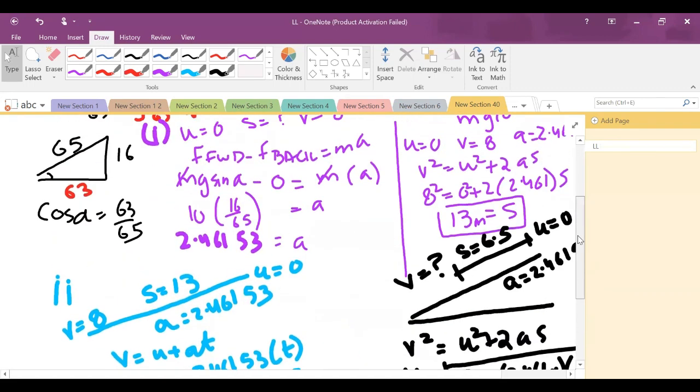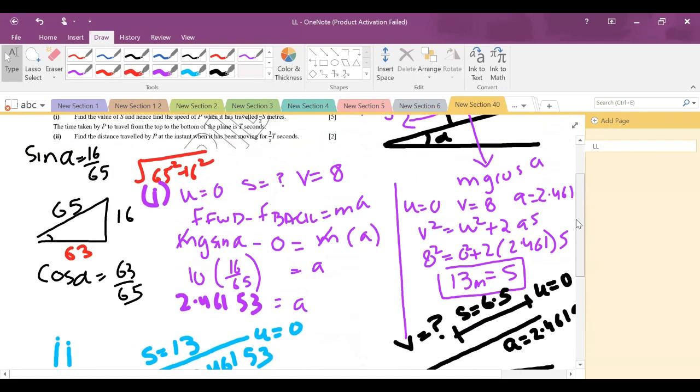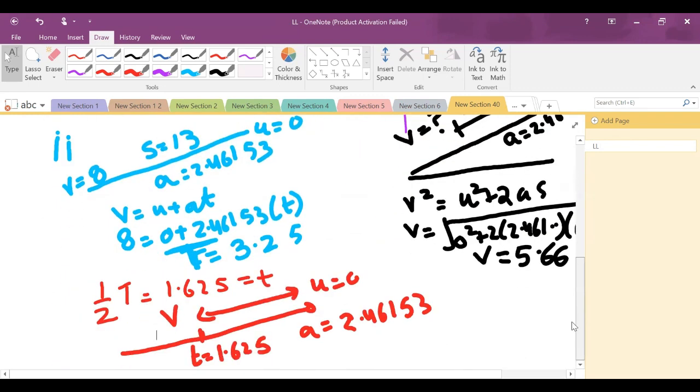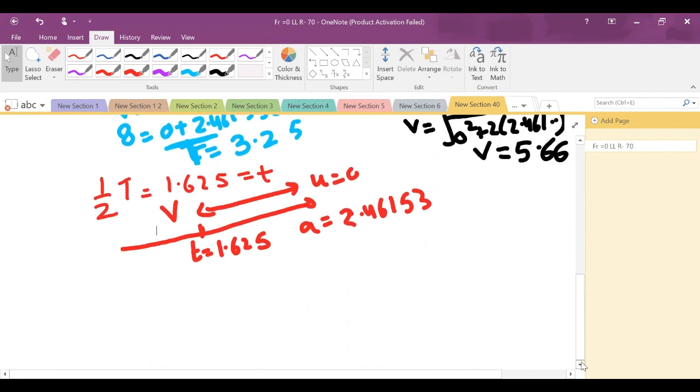So we can use v is equals to u plus at. Find the distance traveled by p the instant. Now we have to find s. So s equals question mark. How do we find s from u, a, and t?